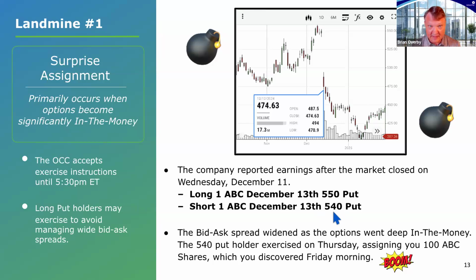Nothing wrong with that as long as you're ready for it. But the next day, the person woke up to a quote-unquote margin call in their account saying you have to buy 100 shares of a $540 stock, which is now trading for $474, by the way, and it's continuing down.